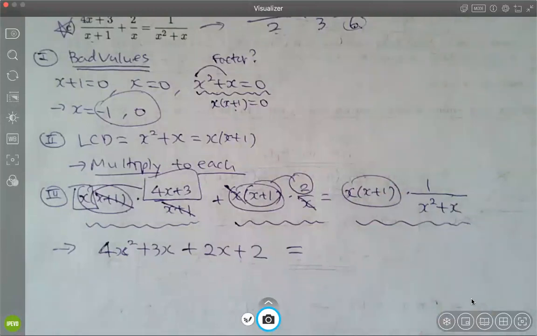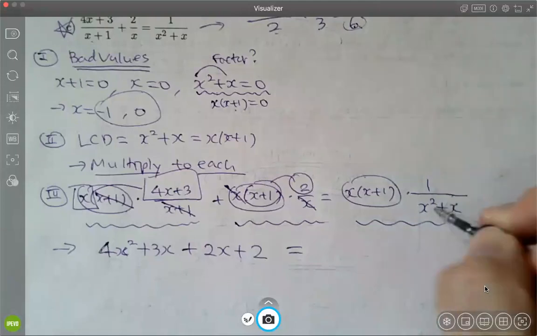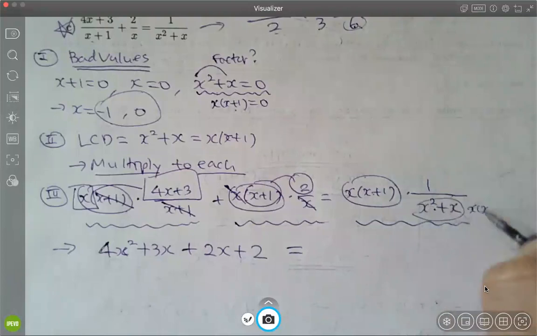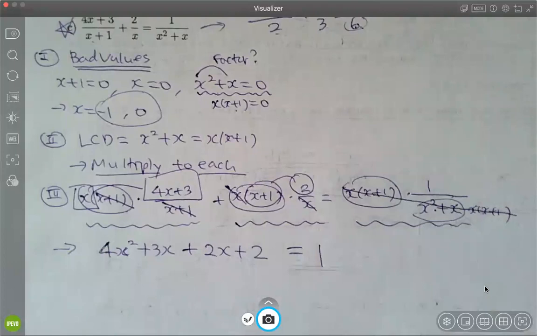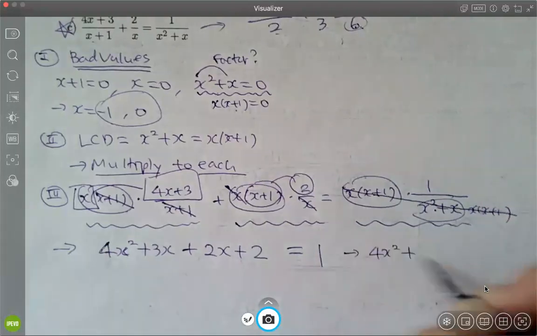It's just 1, isn't it? Do you see why? These two look different, but remember, when you factor this, you get x times x plus 1, so everything is gone. It's equal to 1. So you have 4x squared plus 5x plus 2 is equal to 1.